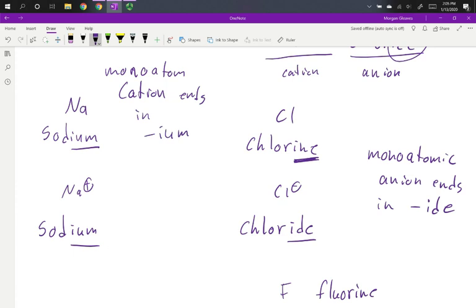However, a lot of the things we expect to become cations already end in IUM. So if you think lithium, sodium, magnesium, calcium, vanadium, strontium, rhodium, platinum, all these kind of metals that end in IUM.